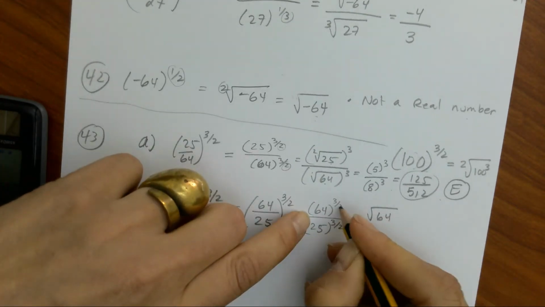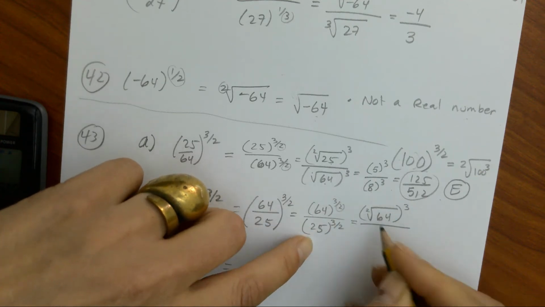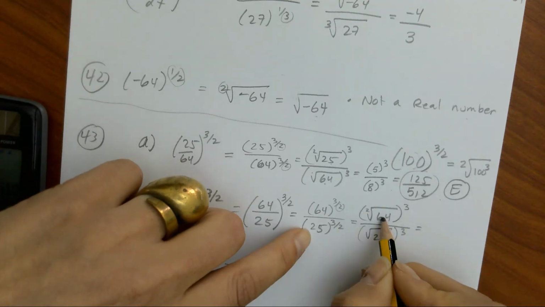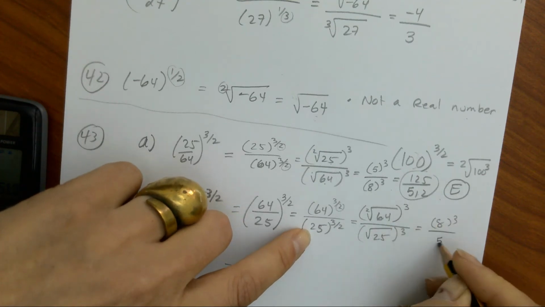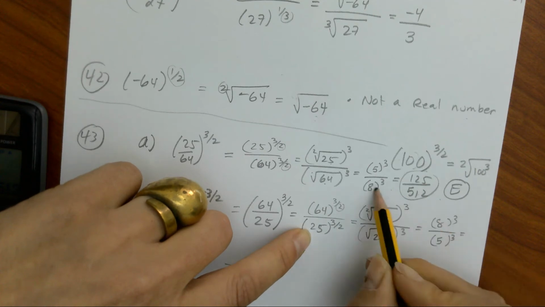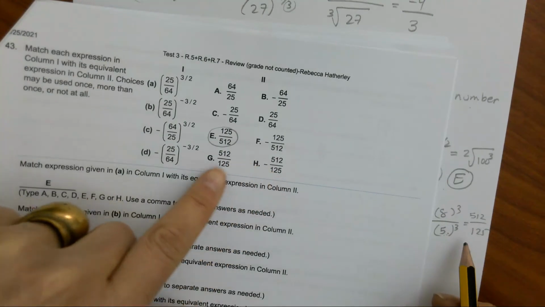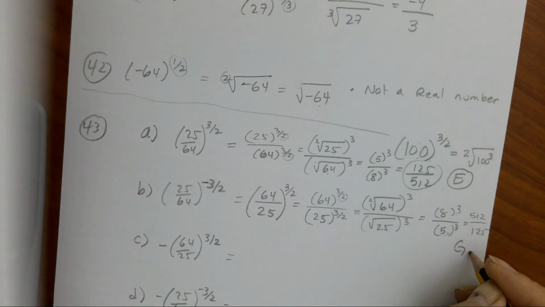So this is the square root, and this is my power. So the square root of 64 is 8, because 8 times 8 is 64. Square root of 25 is 5. And 5 times 5 times 5 is 125. So now my answer for that is here. That's G. So I'd type in a G for this one.